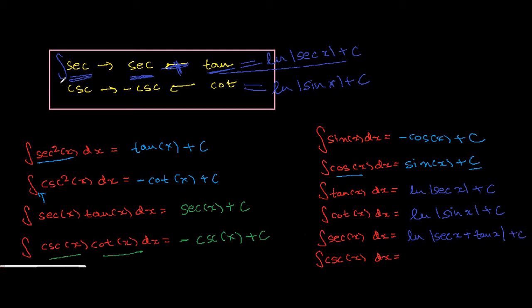Same for the integral of the cosecant part. It's just cosecant minus cotangent. This sign will move here. So it's ln cosecant x minus cotangent x plus c.